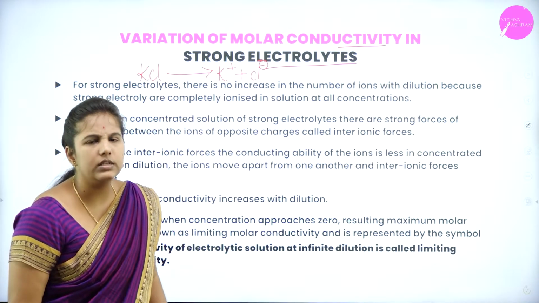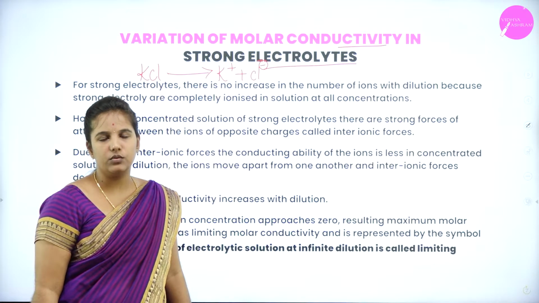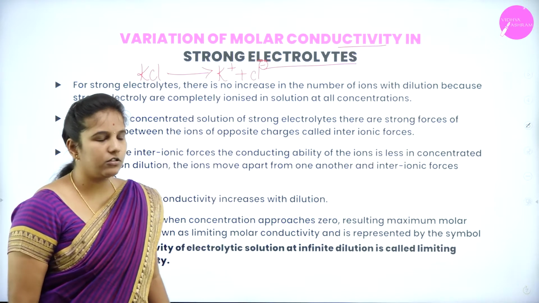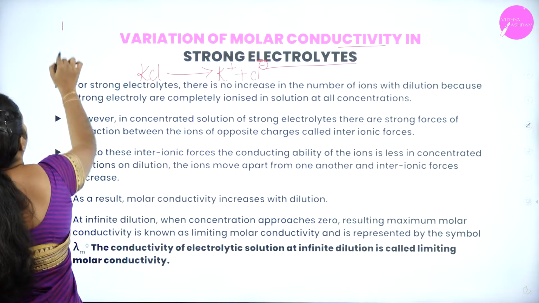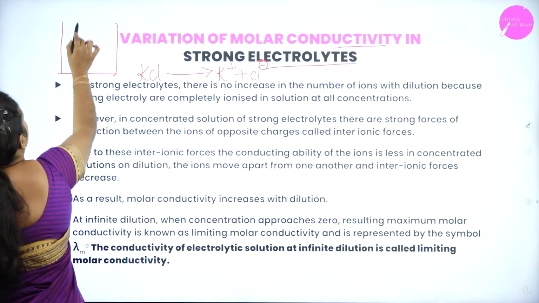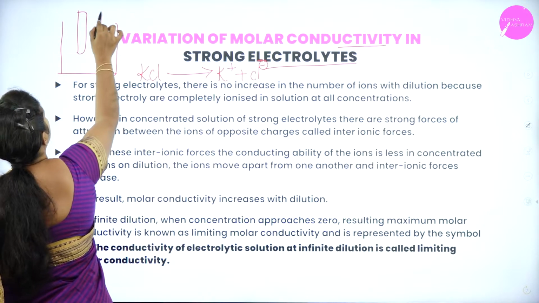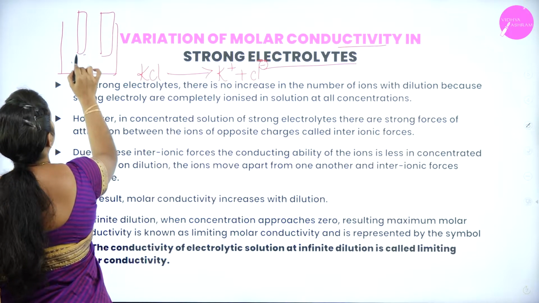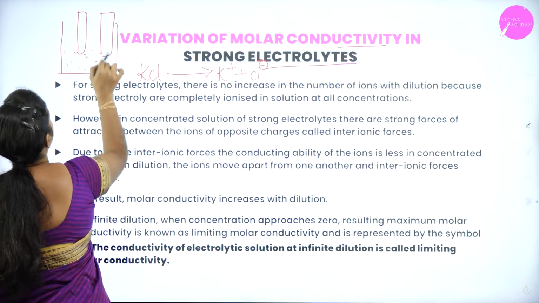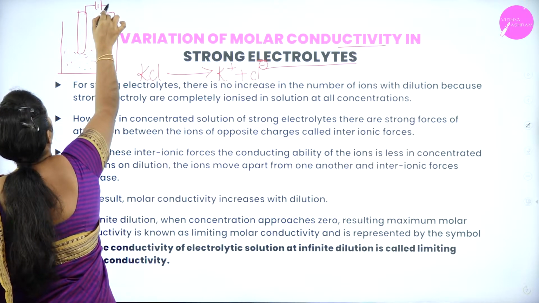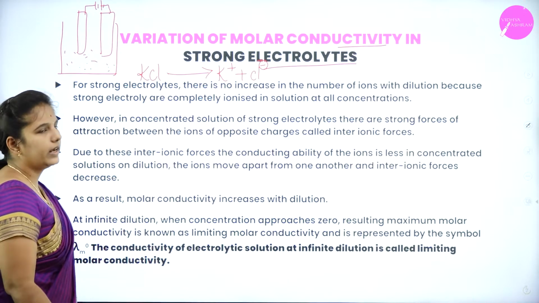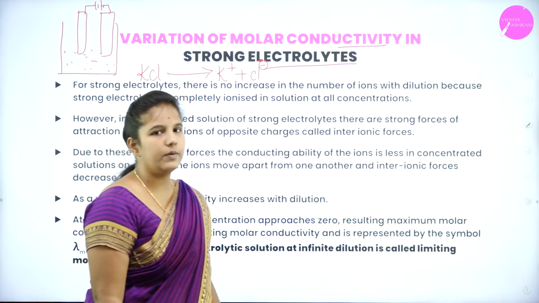So in the case of a strong electrolyte, consider a solution of a strong electrolyte, where the electrodes are connected to the positive and the negative terminals of the battery.